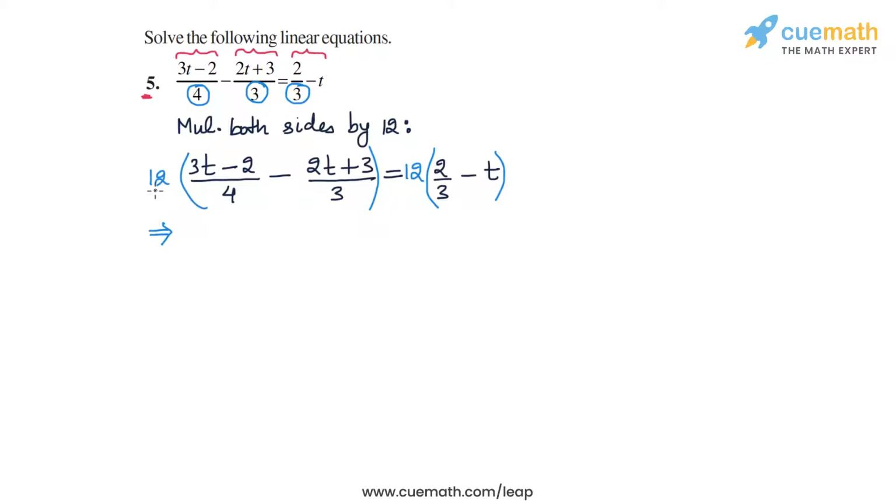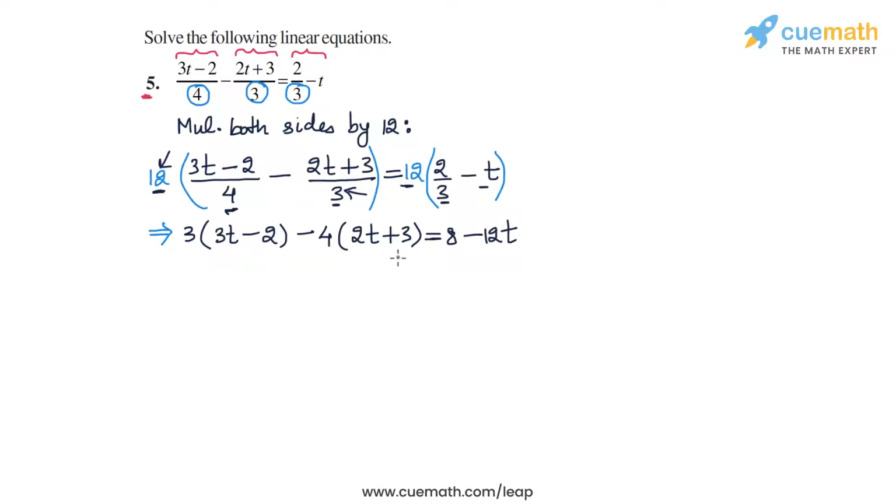Now what do we have? 12 by 4 is 3, so we get 3 times (3t minus 2). Then we have 12 into minus (2t plus 3) by 3. 12 by 3 is 4, so we get minus 4 times (2t plus 3). On the RHS we have 12 into 2 by 3, that will be 8, and 12 into minus t, that will be minus 12t.